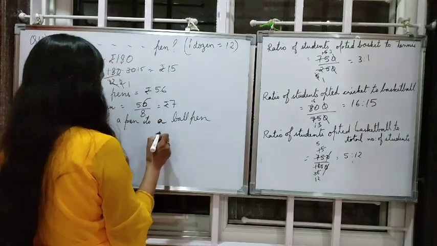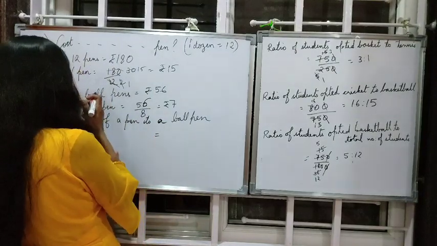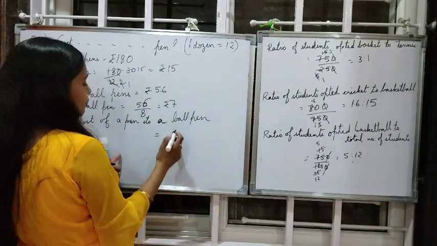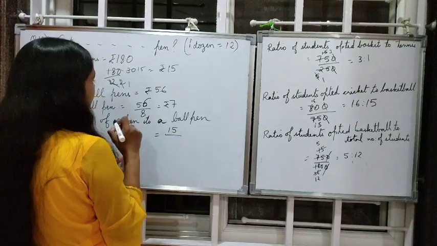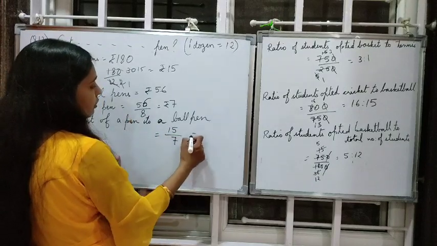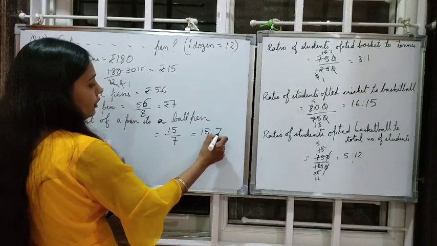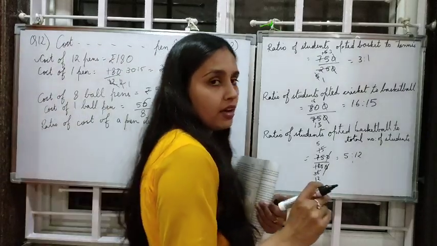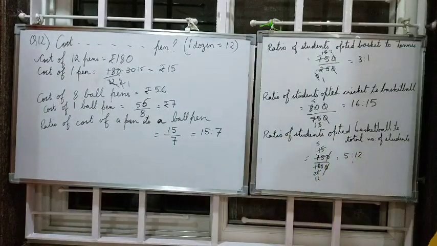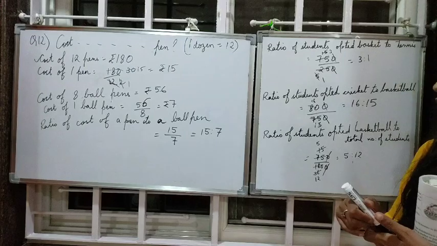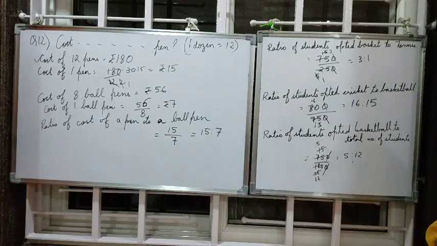So the ratio: a pen means rupees 15 and a ball pen means 7, which is equal to 15:7. Nothing can be cancelled. Okay, children? So this completes question number 12. The rest we are going to continue tomorrow.